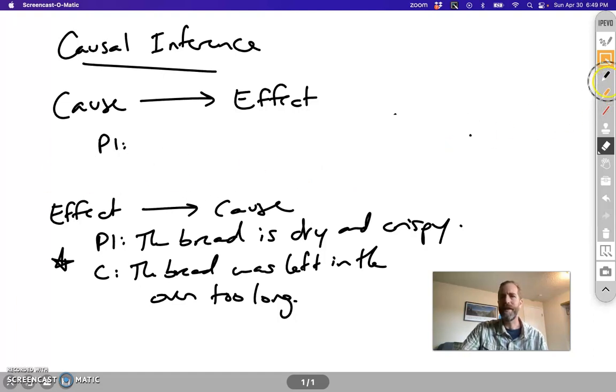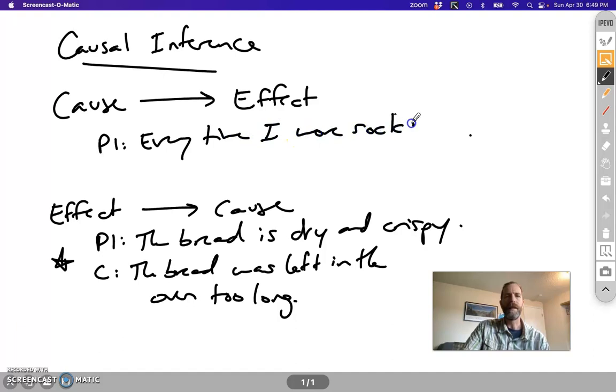Consider this argument here. Every time I wore socks, my team won. Let's just say that that's a fact.